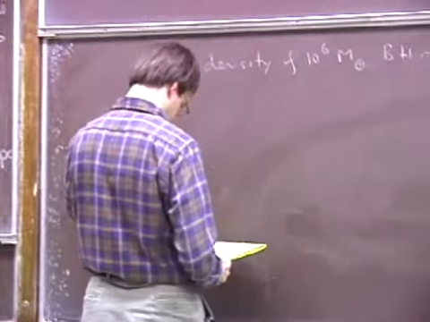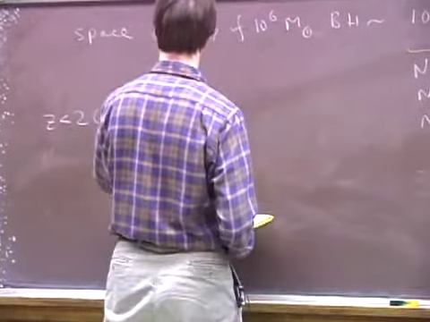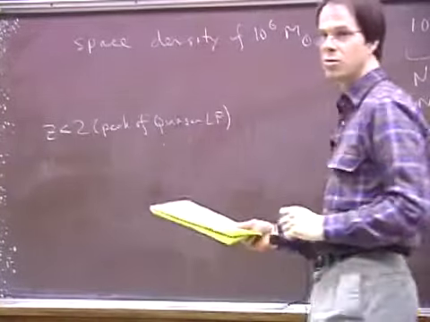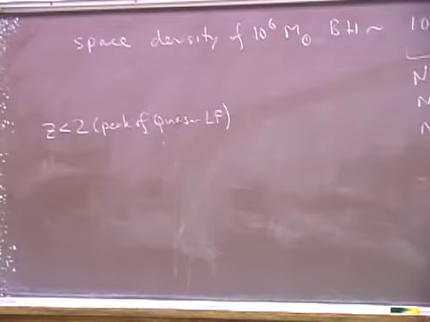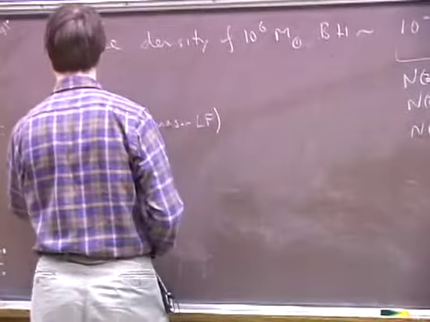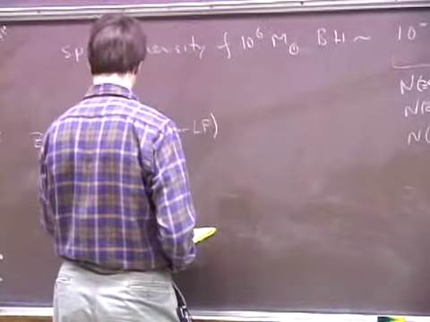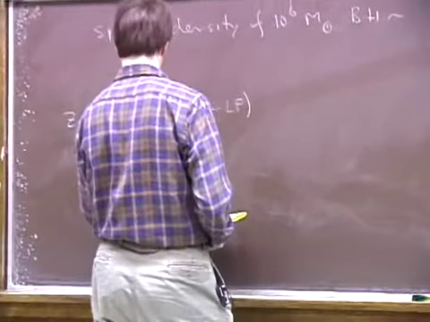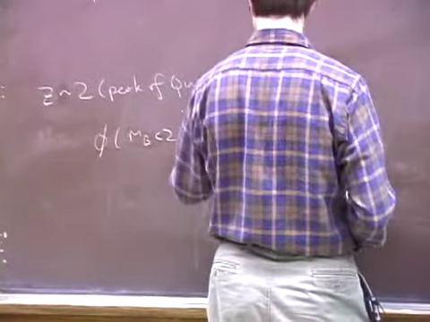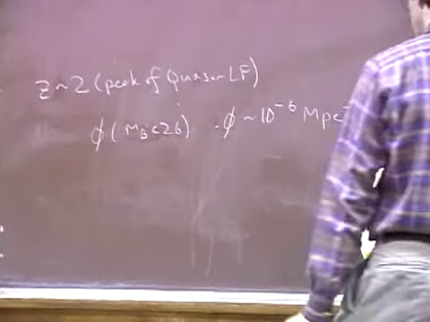And if one looks at redshift 2, which is the peak of the quasar luminosity function, there are many more quasars at redshift 2 than there are today by a factor of like 100. So if we look back to a redshift of 2, the space density of bright quasars, the peak space density, is around 10⁻⁶ per cubic megaparsec.